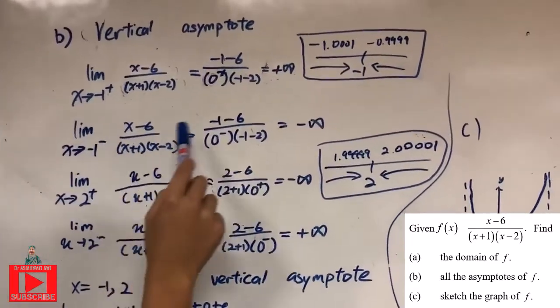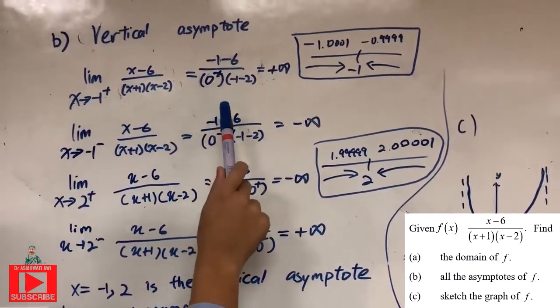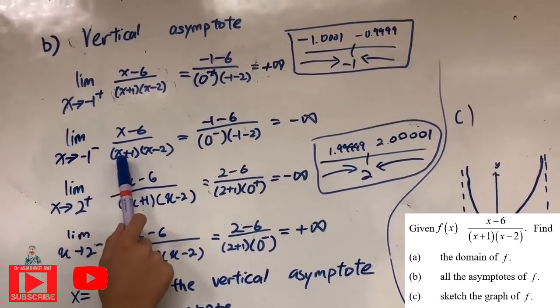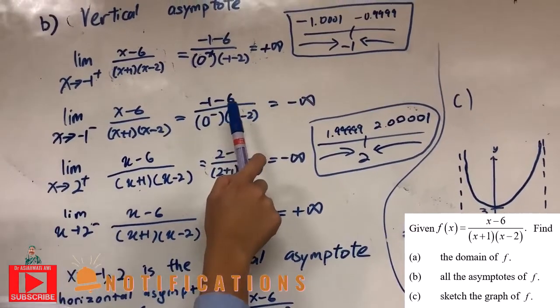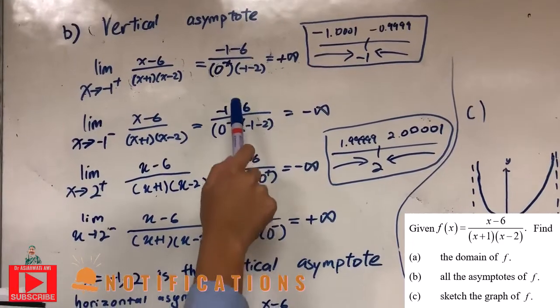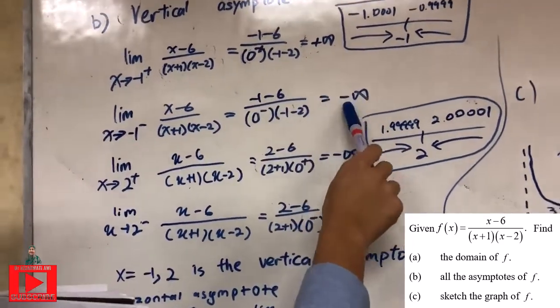So also on the numerator we will get a negative value, and -1.001 plus 1 is a negative value, and here also a negative value. So negative, positive, and here up is negative, so negative over positive is negative.